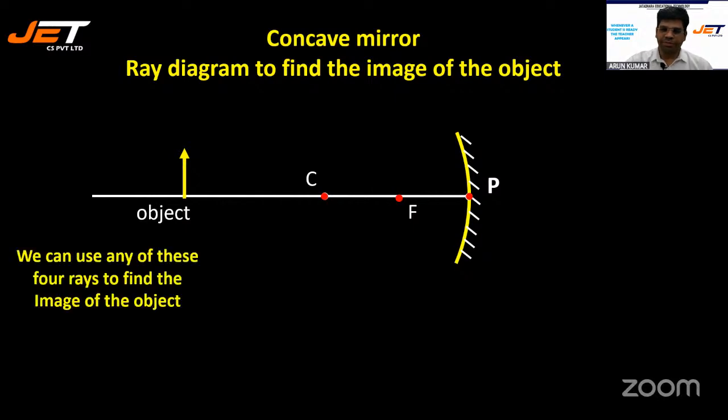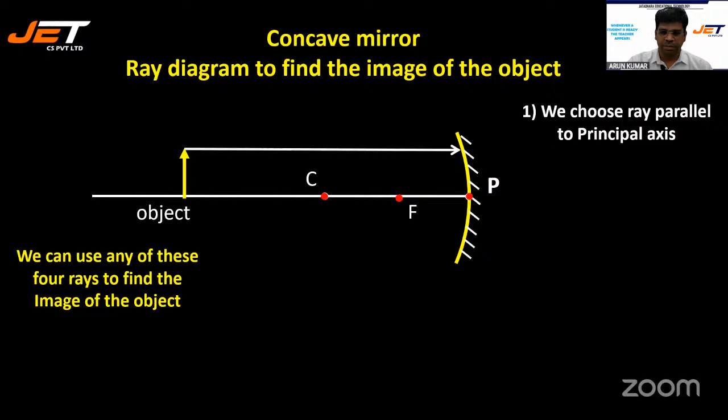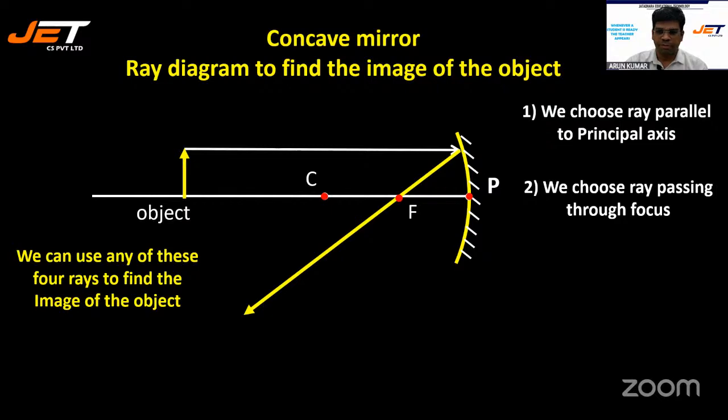I will use any of these four rays. I'll start with a ray parallel to the principal axis. It gets reflected and passes through the focus. Now we choose a ray passing through the focus, which on reflection will pass parallel to the principal axis.